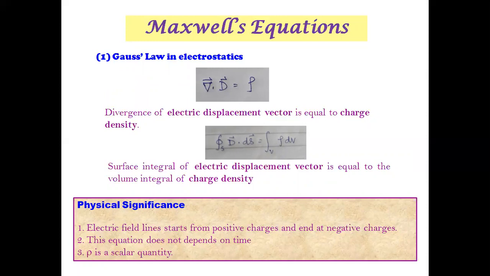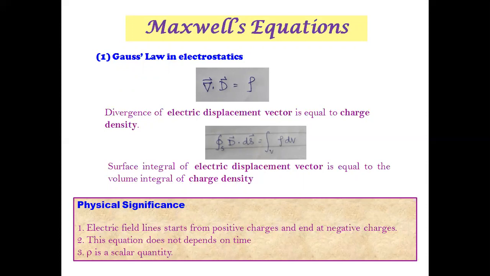Whereas what is the integral form? The integral form states that the surface integral of the electric displacement vector, that is D dot ds, is equal to the volume integral of charge density. Okay, there are 2 forms, one is differential form and the other is integral. What is the physical significance?